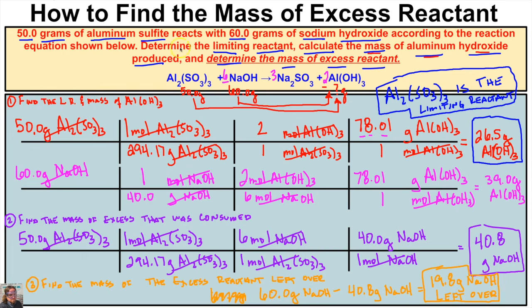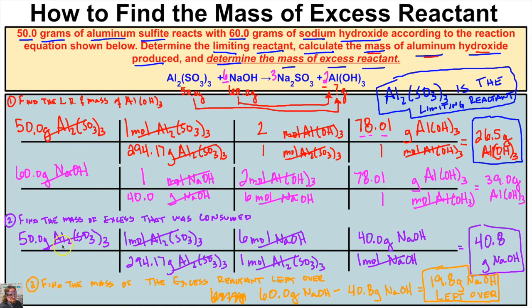So in this problem here, we determined the limiting reactant. It's our aluminum sulfite. That's what's going to run out first in this chemical reaction right here, based on these quantities. We then determined that no more than 26.5 grams of aluminum hydroxide can be produced. We then figured out in step 2 the mass of the excess reactant that was consumed.